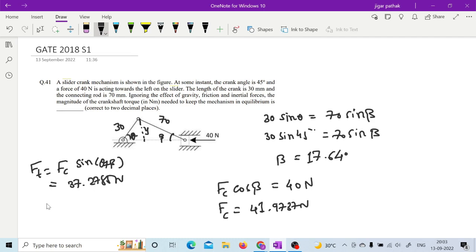Once you have Ft with you, you can easily calculate this particular torque, or turning moment, Ft into R. R is 30 mm, so you can convert it into meter, that is 0.03 meter, and when you multiply it with this 37, you will come up with this 1.1183 Newton meter, something like this.